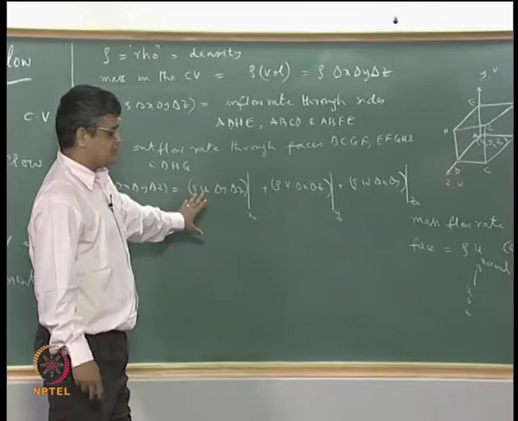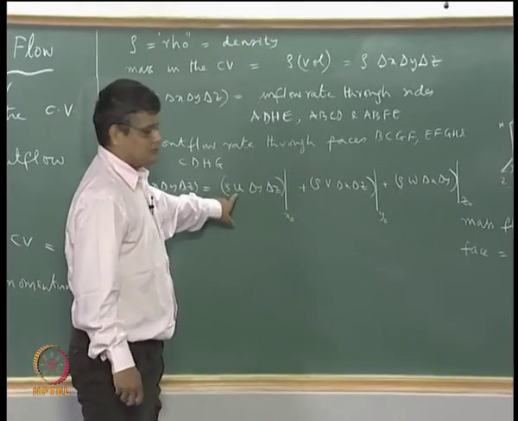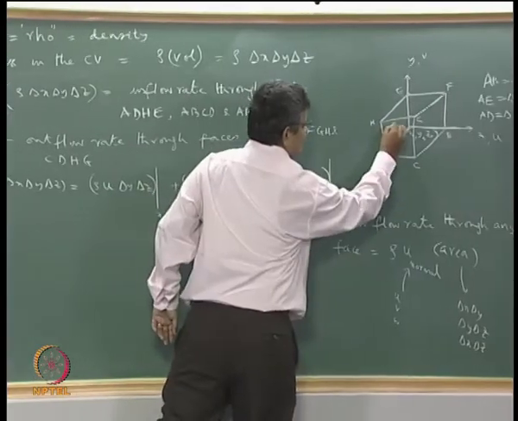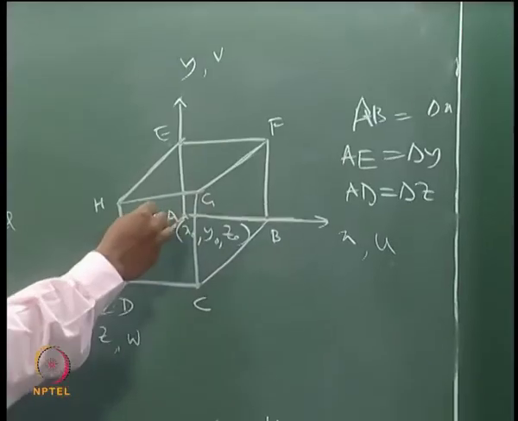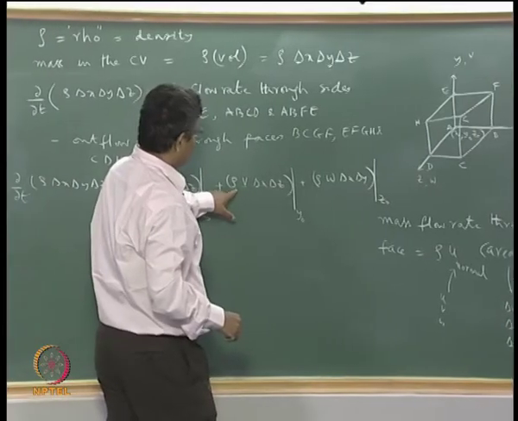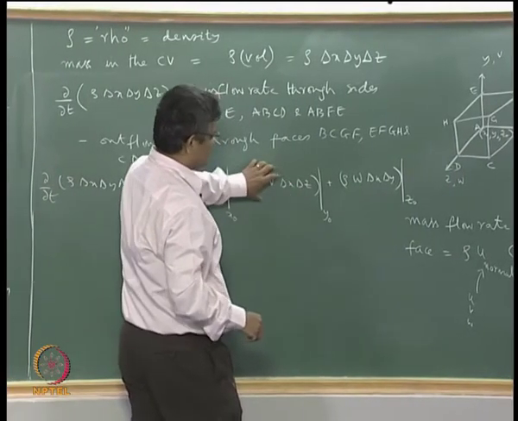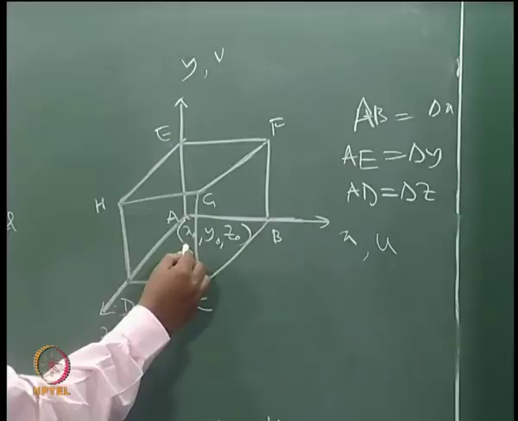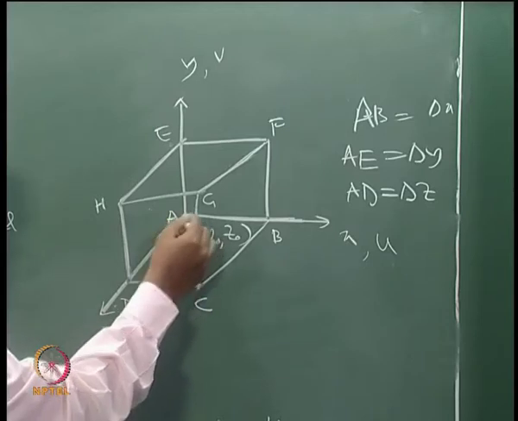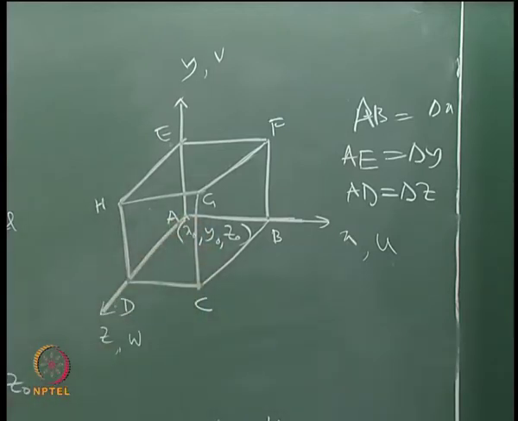And each of these, the rho and u are evaluated at the center of this plane located at x naught, and similarly the rho and v appearing in this particular term are evaluated at the center of this plane, which is at x0 plus delta x by 2, y0, z0 plus delta z by 2.